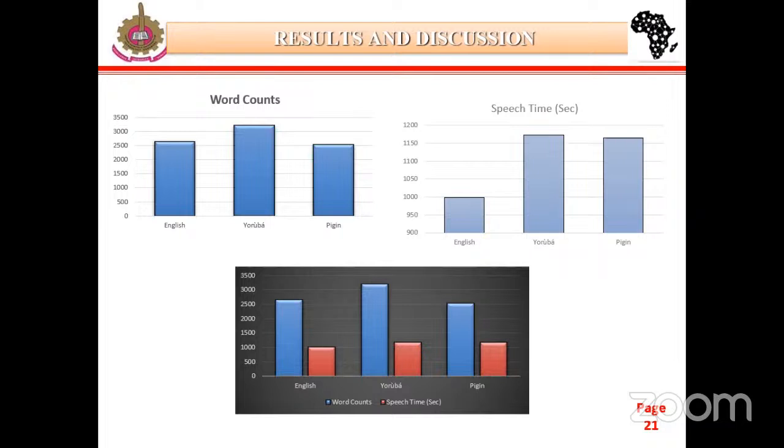Yoruba is on the high side in terms of the number of words and the time for the speech. Of course, this will result in a kind of computational complexity, which might not have been considered before. But this research is bringing it on board for investigation and further research.